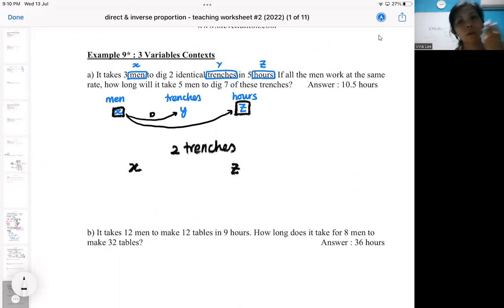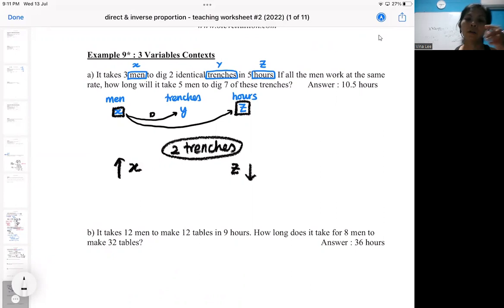If you got more men to help you with the 2 trenches, you actually get it done in a lesser amount of time.